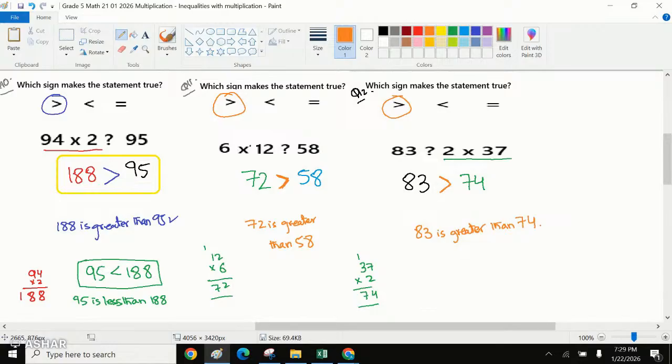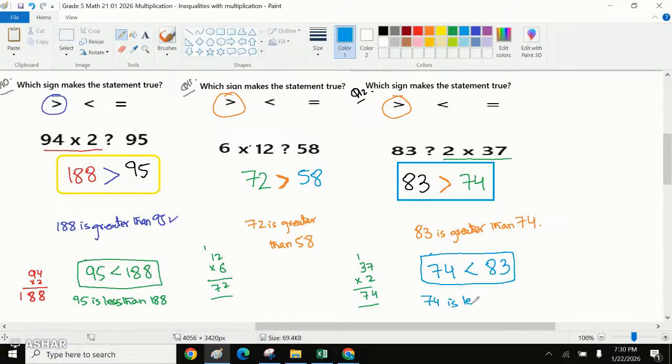The same statement, 83 is greater than 74, can also be written as 74 is less than 83, right? If this is written in this manner, it's still true. It's the same answer. 74 is less than 83. Agreed? Okay.